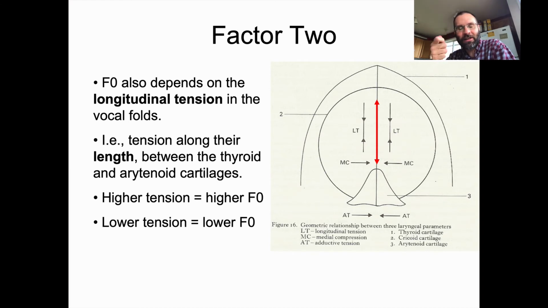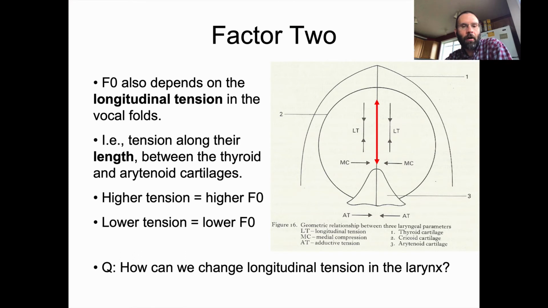Just like if you do the same thing with your vocal folds, the F0 or the pitch of your voice is going to go up. If you slacken the tension on that string or those vocal folds, the fundamental frequency at which it vibrates will go down. That's basically the mechanics of how it works, and hopefully that makes sense.